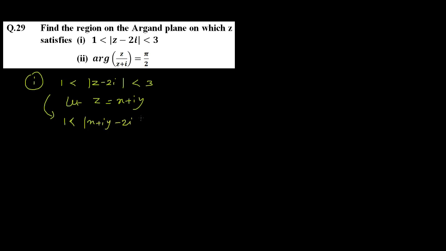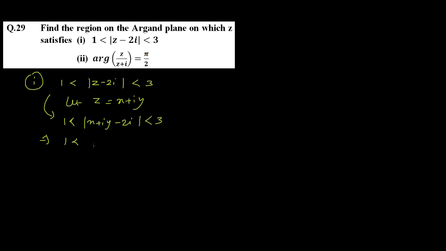Question number 29. Now we have two parts. The first part is given: 1 less than modulus of z minus 2 iota less than 3. Let z is equal to x plus iota y. So this will become 1 less than modulus of x plus iota y minus 2 iota less than 3.